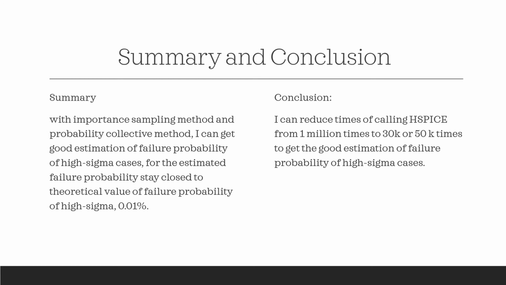In conclusion, I can reduce the number of times of calling SPICE from 1 million to 30K or 50K, depending on the sampling numbers you use for every iteration, and simultaneously I can capture a good estimation of failure probability of high sigma cases of read functionality of SRAM circuits.